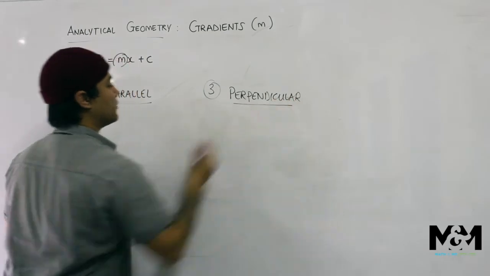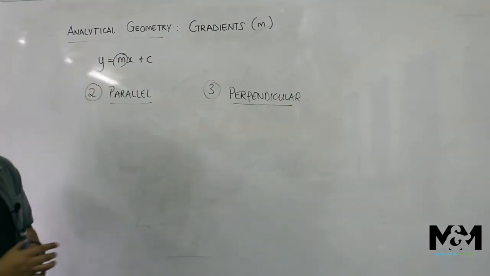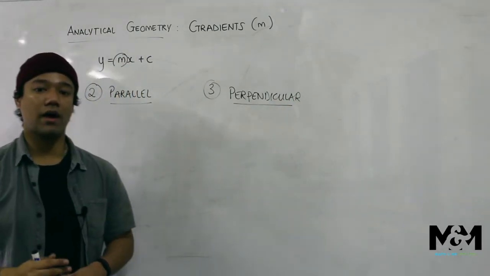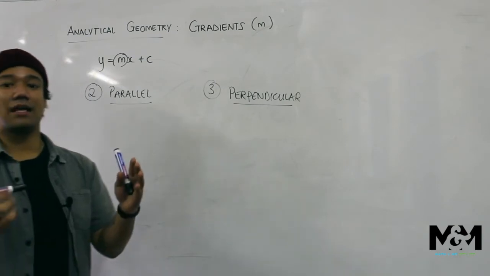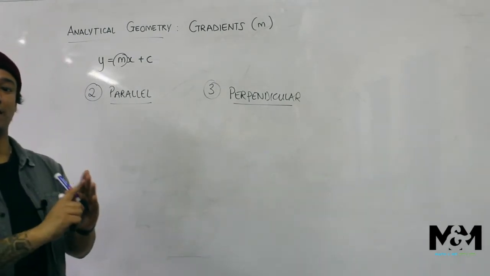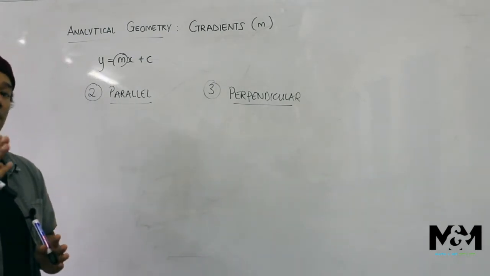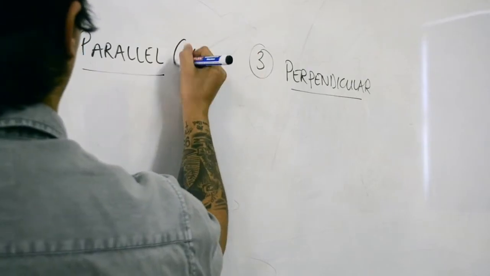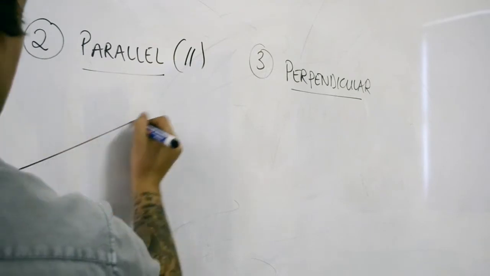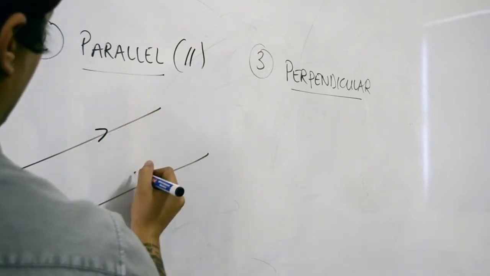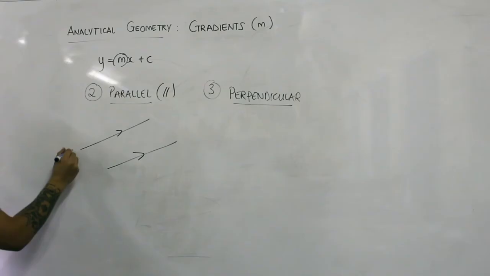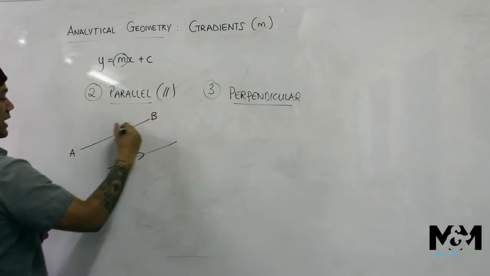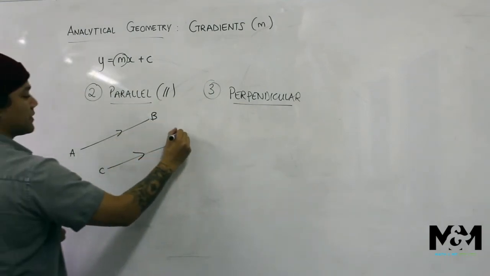Firstly, parallel lines. We know parallel lines are lines that run in the same direction with the same distance between them at any point on those lines. Those lines will never ever meet. The symbol for parallel goes that way, and usually they'll have arrows denoting that they are parallel. So that is line AB is parallel to line CD.